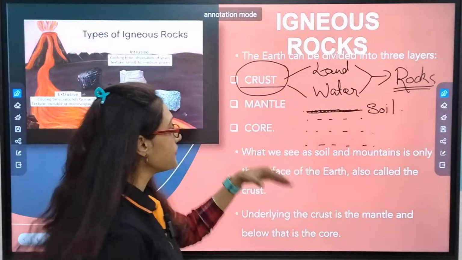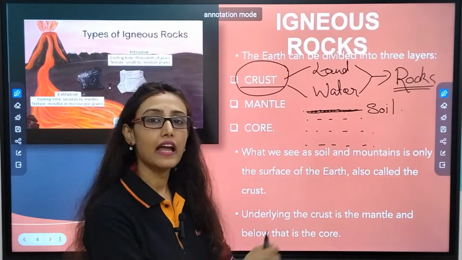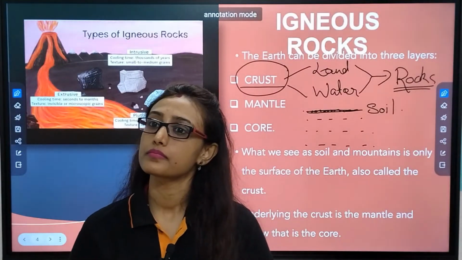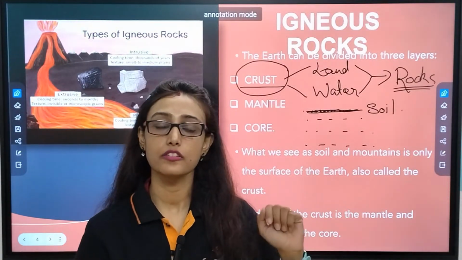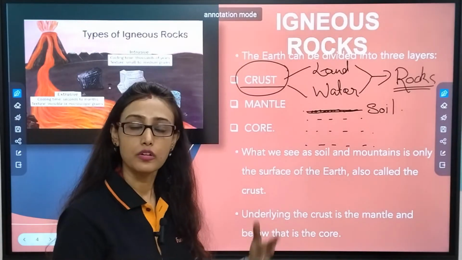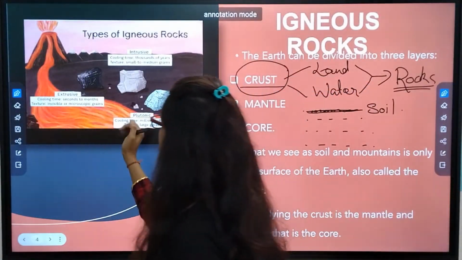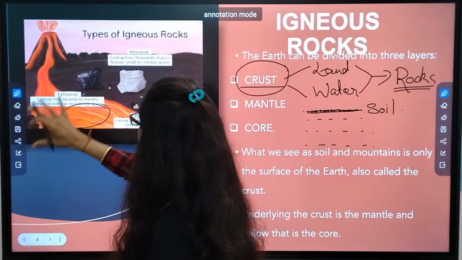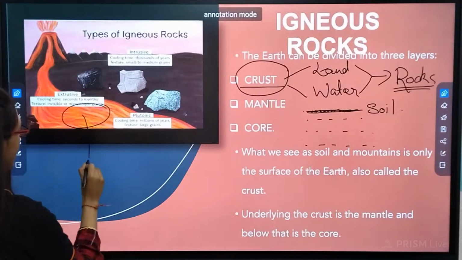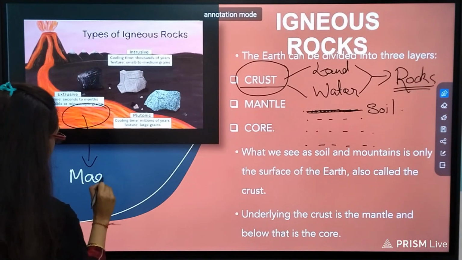And if you dig and dig deeper inside the earth, after digging a lot of meters, you will feel it getting very hot, because the inner part of the earth contains this hot, fiery thing, which is known as magma.